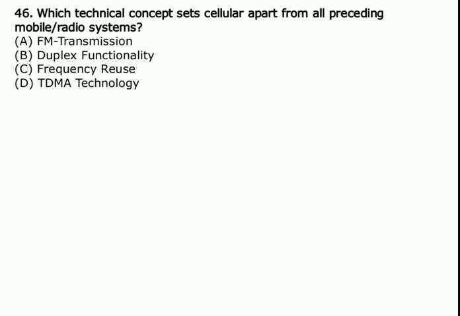It is the foundation of modern cellular networks and allows efficient utilization of the radio spectrum by dividing a geographic area into smaller cells, each with its own set of frequencies. This approach enables the same frequencies to be reused in non-adjacent cells, increasing the capacity of the network without interference. So option C is the correct one.